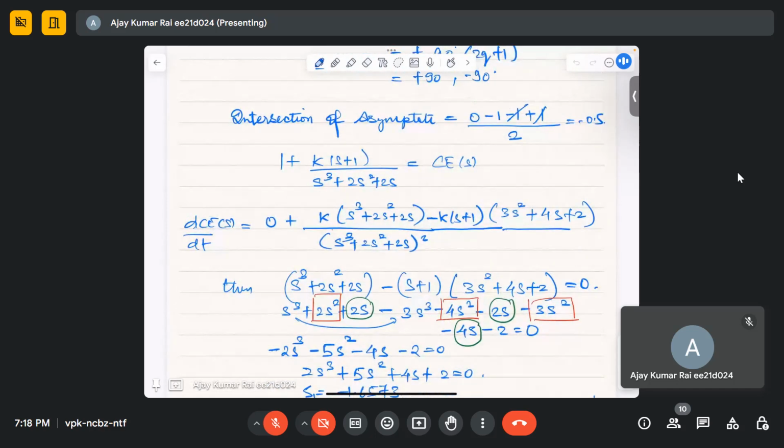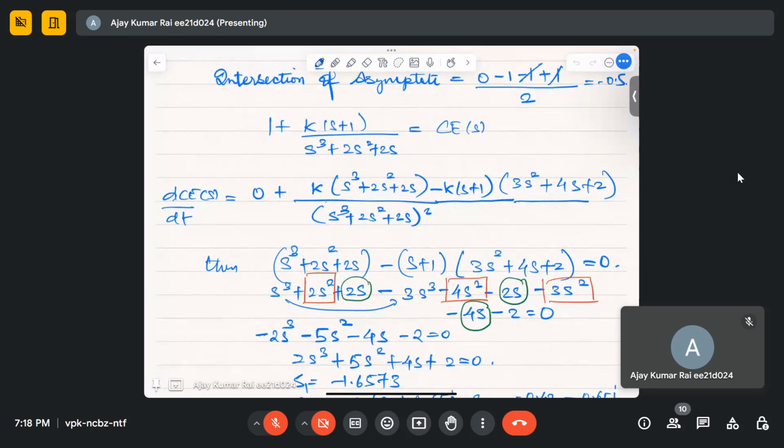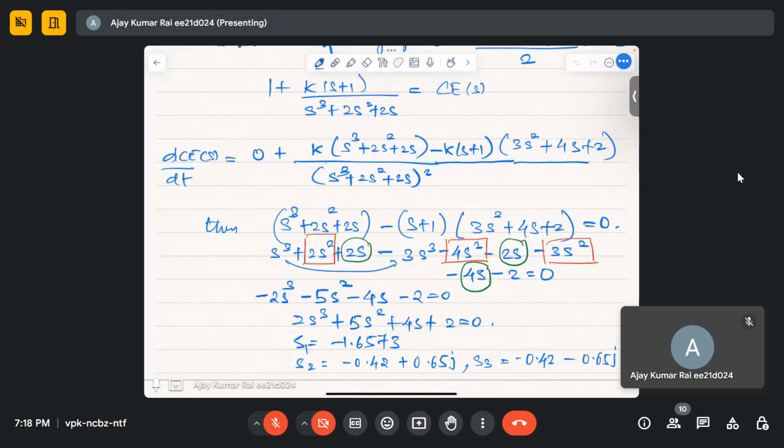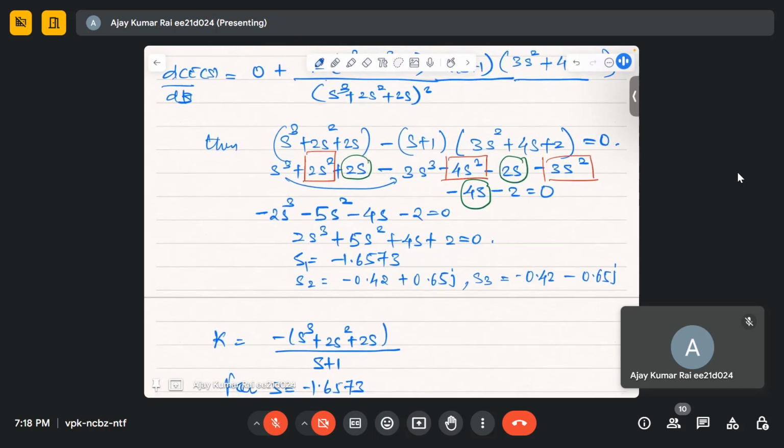So this is the calculation here. Whatever I was doing, I had done the same. I have differentiated with respect to s, and finally I was getting this equation. Sorry, its degree is 3, so it will have 3 roots.